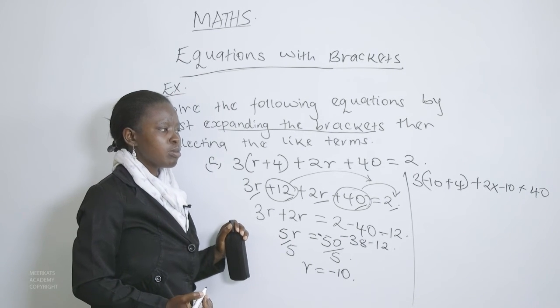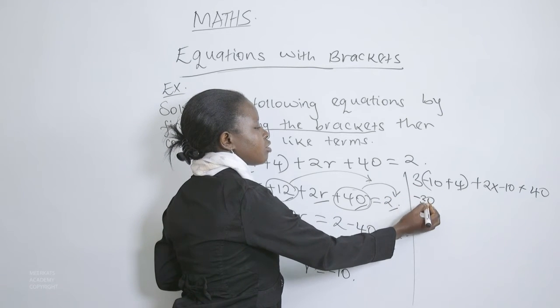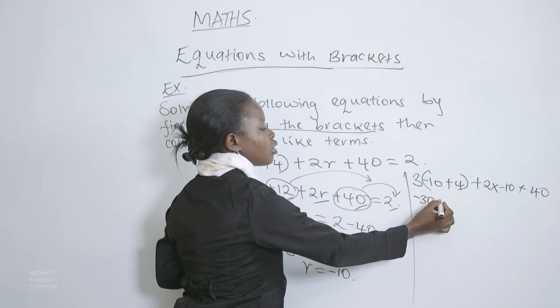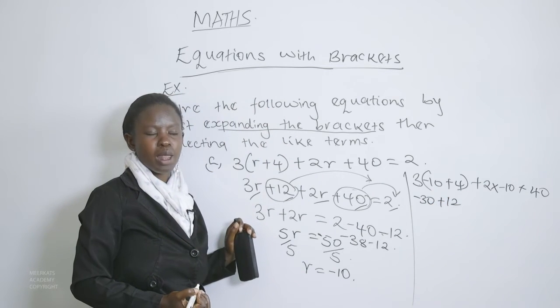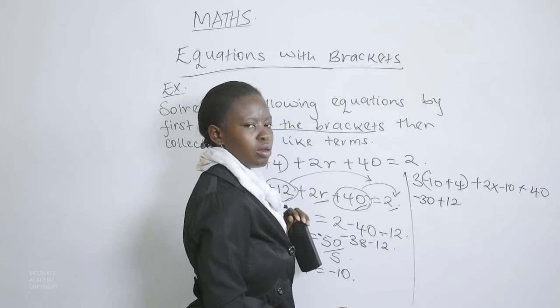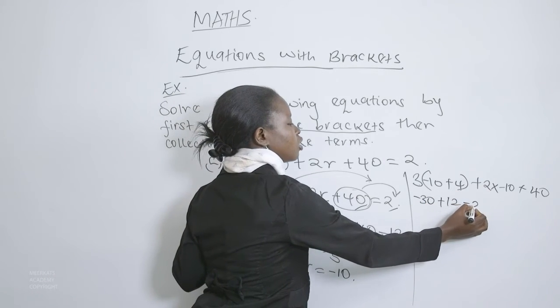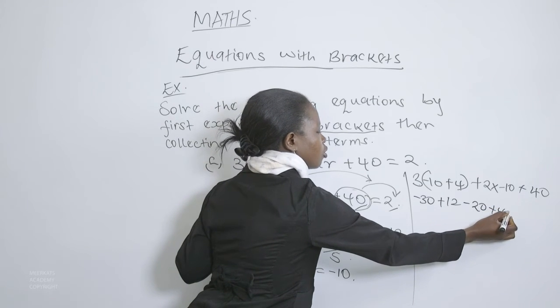So this means that 3 times negative 10 gives us negative 30. 3 times 4 gives us 12. So I have negative 30 plus 12. Then 2 times negative 10 will give us a negative 20. Then plus 40.